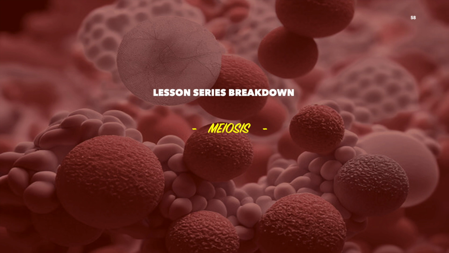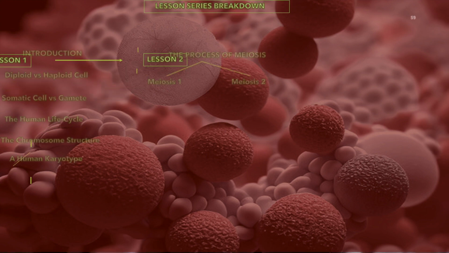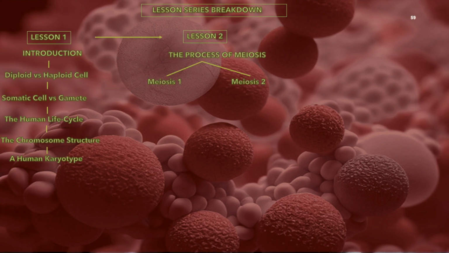First of all, let us break down the different lessons of this lesson series so that we can keep track of what we have done so far and what we are going to do in this video and in the next video. I have decided to divide the lesson series on meiosis into 5 lessons.